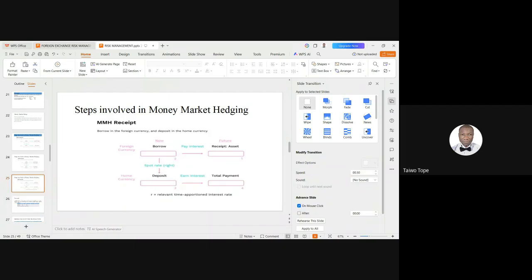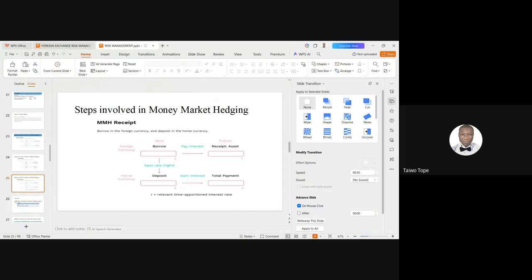Now the amount converted to your own home currency will be deposited. So you deposit the amount, including interest, with a bank in the home currency. And the amount you deposit will be what? Amount multiplied by 1 plus interest rate. That will yield this total amount here.